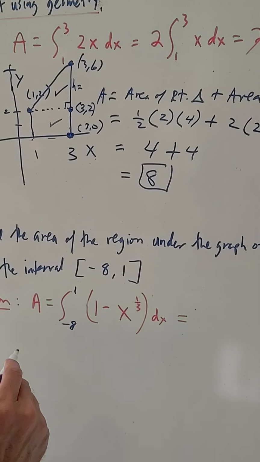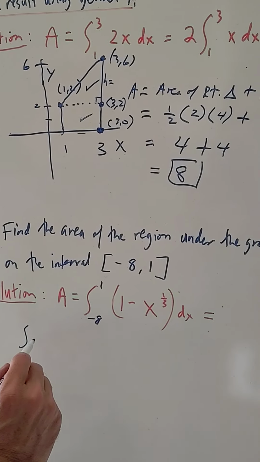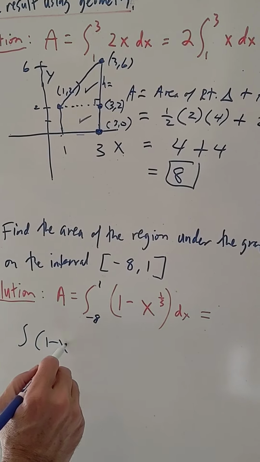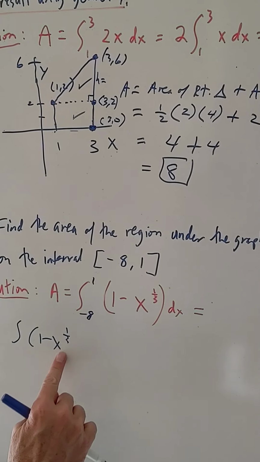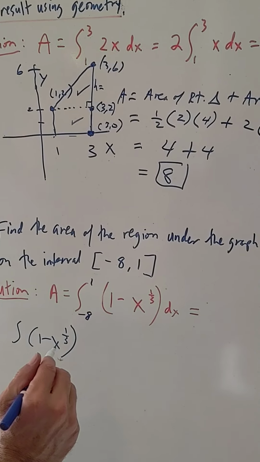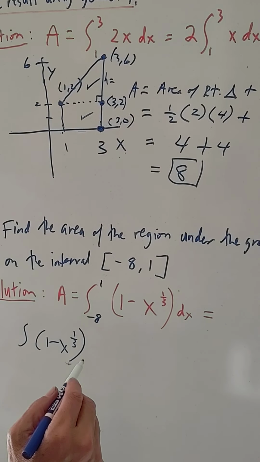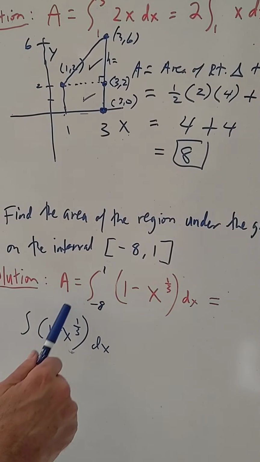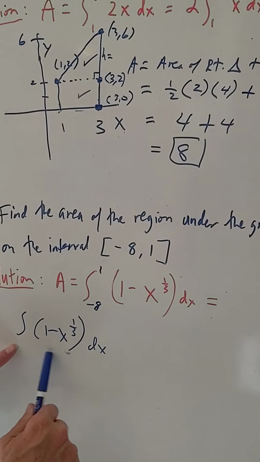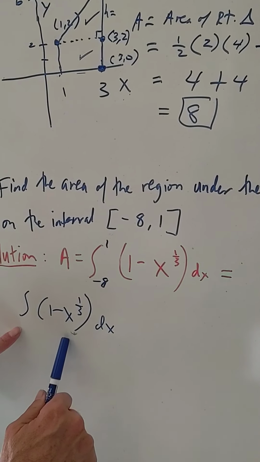So I'll just do some scrap work here. So I just want to know 1 minus x to the 1/3. Just the x is being raised to the 1/3. So whenever you're asked to find a definite integral, the first step is just to find an antiderivative, an indefinite integral.